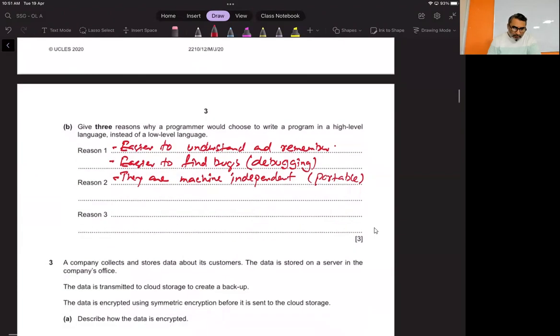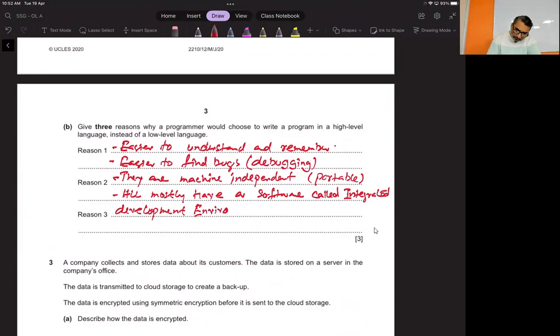Okay. High-level languages mostly have a software called integrated development environment, or IDE.